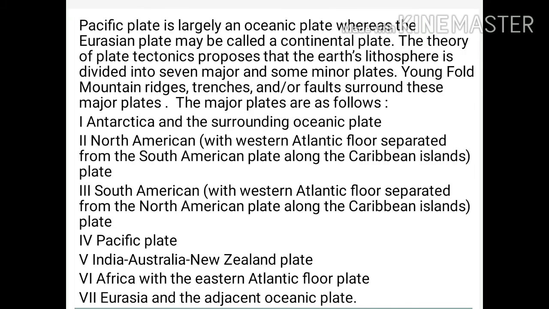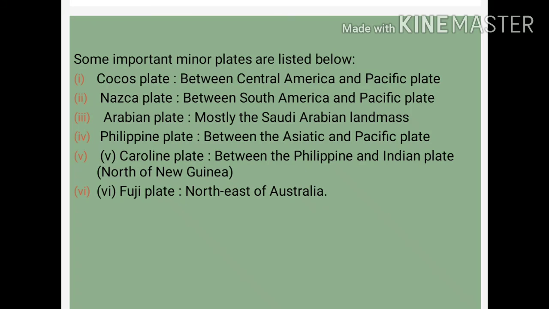We have some minor plates also which are present in the asthenosphere. These include the Cocos plate, which is present between Central America and the Pacific plate. We have the Nazca plate between South America and the Pacific plate. We have the Arabian plate, which includes mostly the South Arabian landmass.